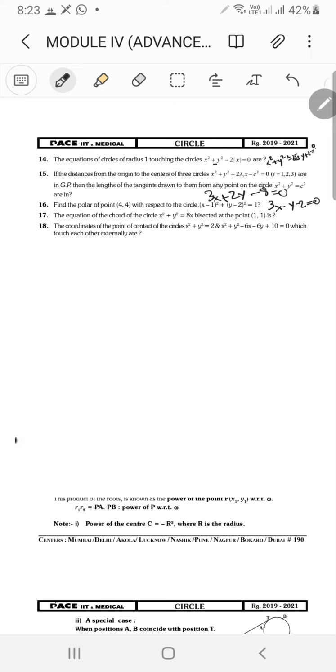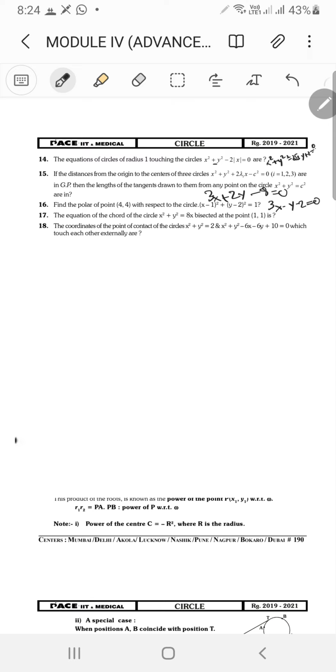Points of contact. What are they talking about? So they mean these two circles touch each other externally? Yes, maybe. And then find the coordinates of the point of contact, basically. Right, that shouldn't be that big a deal.